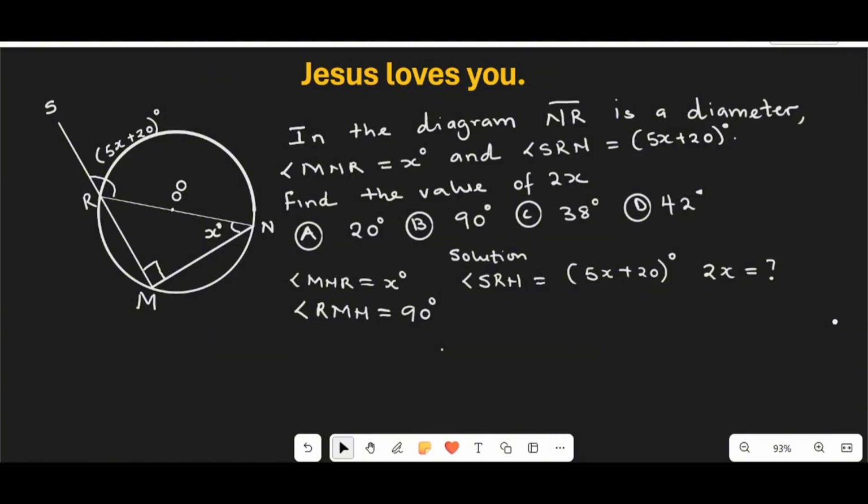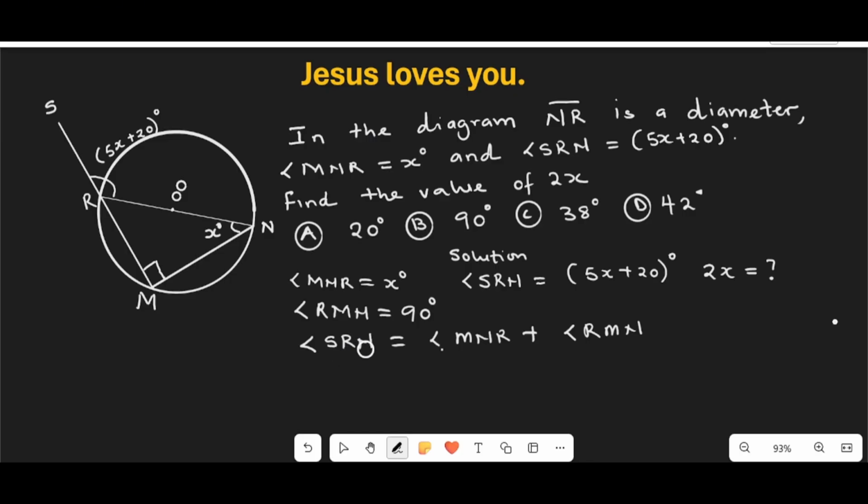So mathematically, it can be written as angle SRN equals angle MNR plus angle RMN.